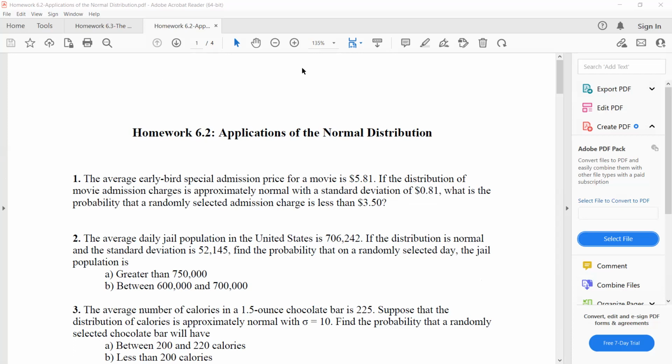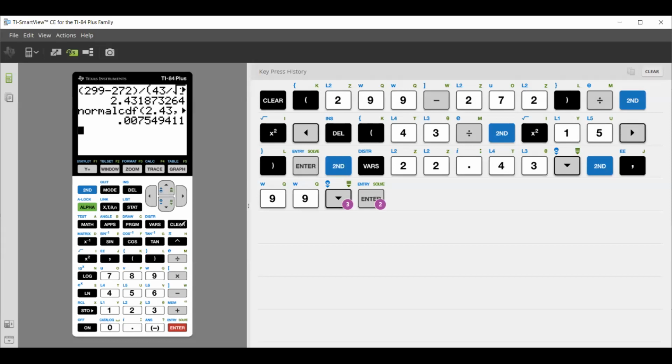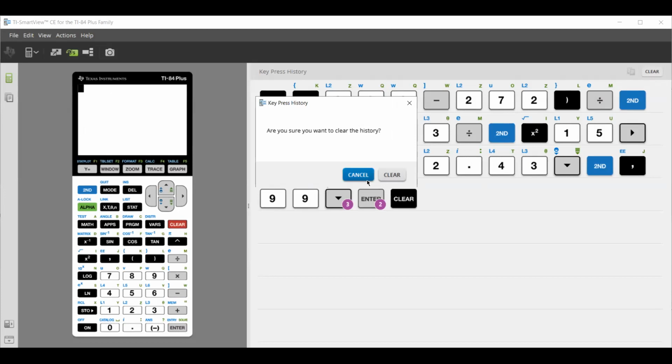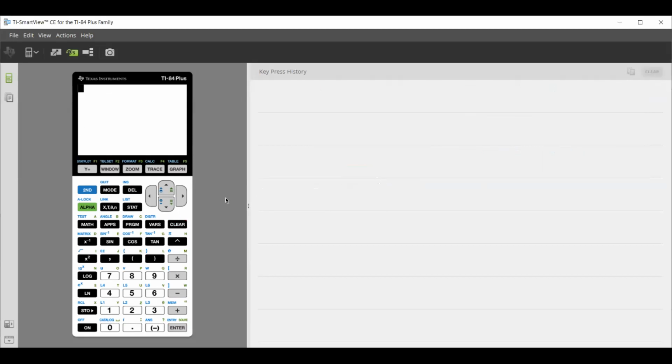So I'm going to share the screen here, and we're going to put it in. Let me fix this and clear everything out. Clear the history.